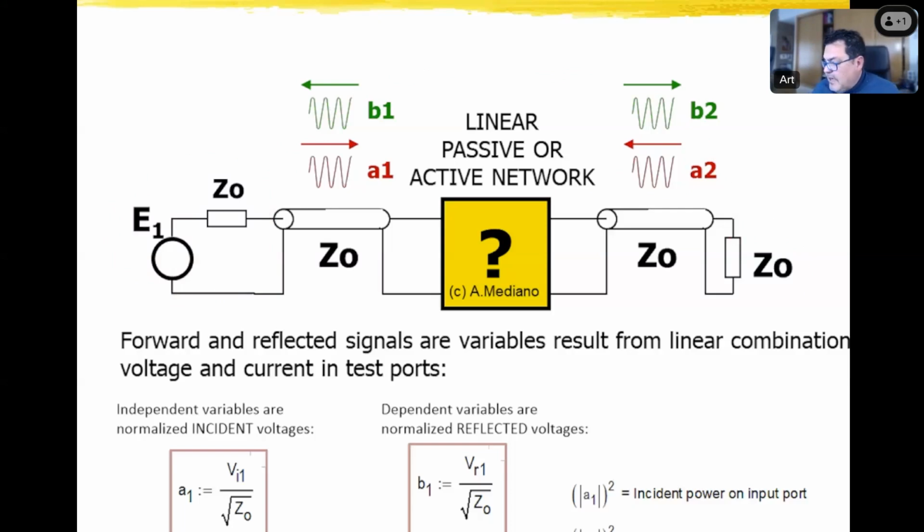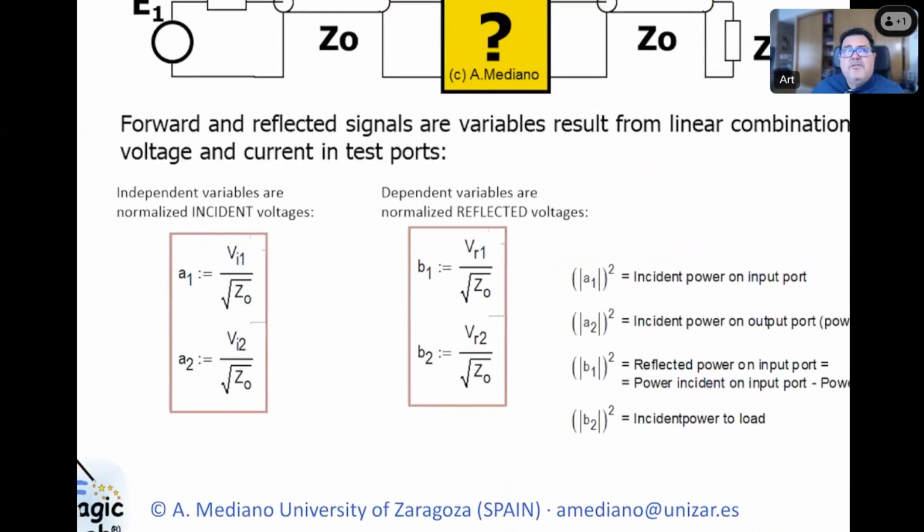From the mathematical point of view, these waves are not specifically voltage or current. They are incident or reflected voltage normalized to a known impedance, that is Z0. So A1 is the maximum power, the maximum energy that you will be able to extract from the source if you terminate the source with the same Z0.